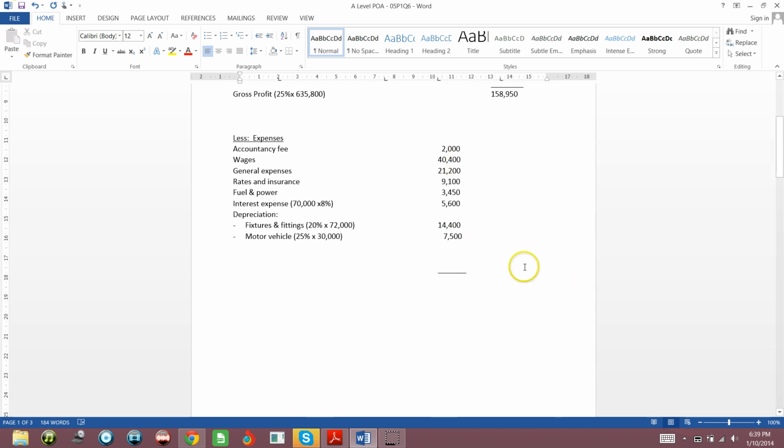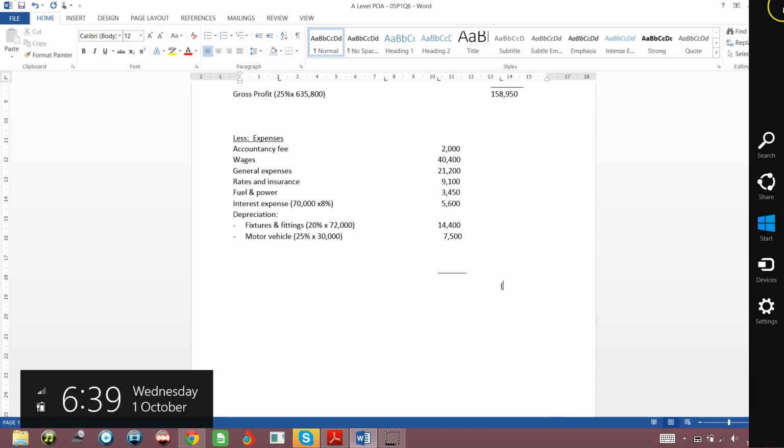Okay, so I add up here, and the total I will put outside here, and also I should put it in bracket because it's less, right? The gross profit, you must less these expenses. So use your calculator and add up here.